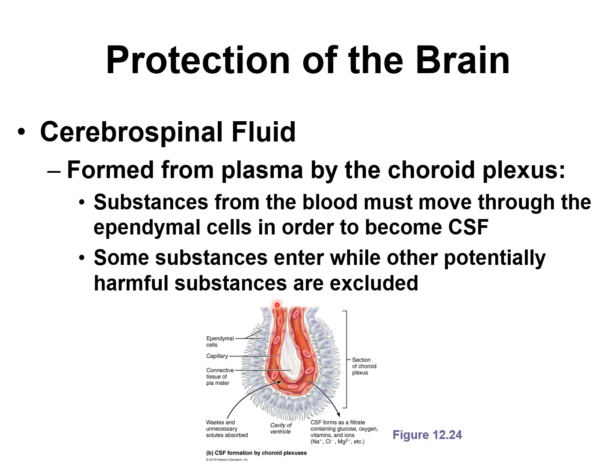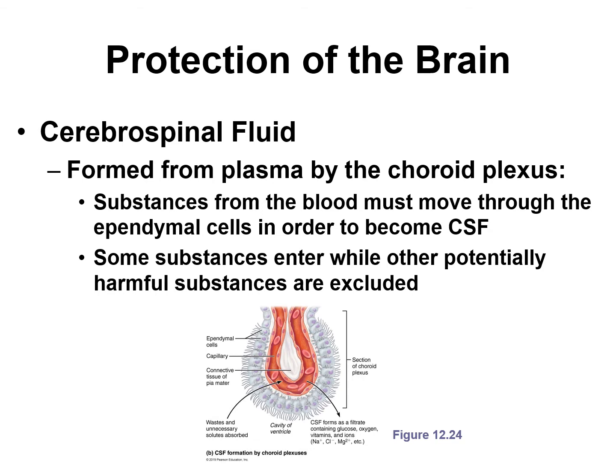So here we have blood flowing through the capillaries, and specific substances are allowed to cross the wall of the capillary, move through the ependymal cells, and into the ventricles.